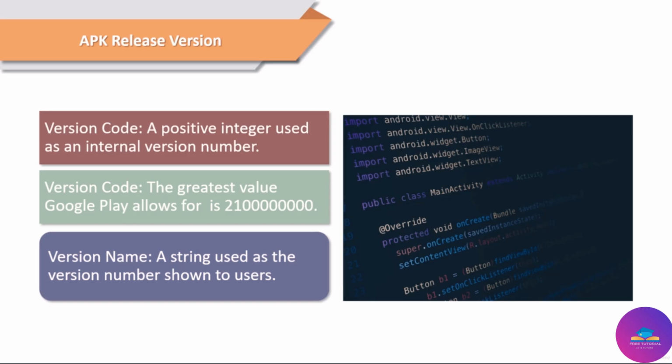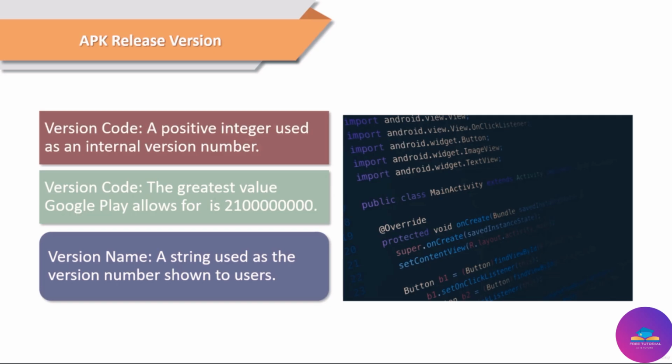Version name is a string value that we will show to the users. When you update your application, users will see this value and they will know which version of the application they will be using. For example, you define this value the first time you publish it as version 1.0. When you update your application, you can define version 2.0.